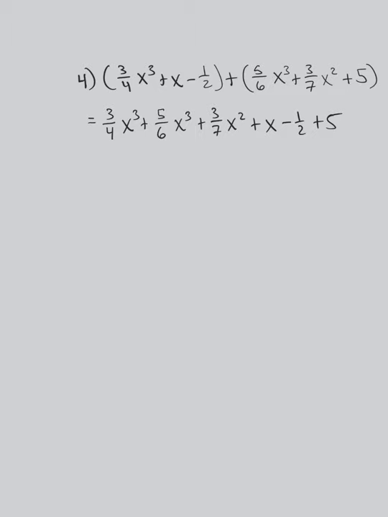Okay? Now, the key thing is here, I do have these like terms with fractions in them. There's different ways to think about how to write this. But the key thing is, since you're just collecting like terms, that's going to stay as x to the third. And then I'm going to have 3/4 plus 5/6. Okay? So remember, we just add or subtract our coefficients.